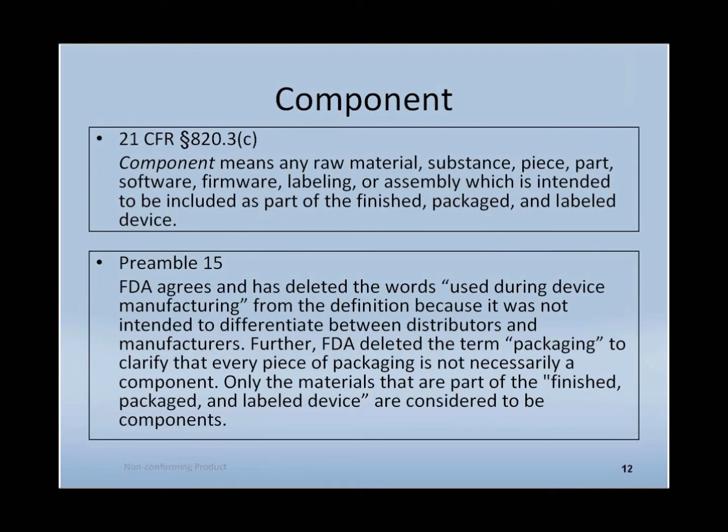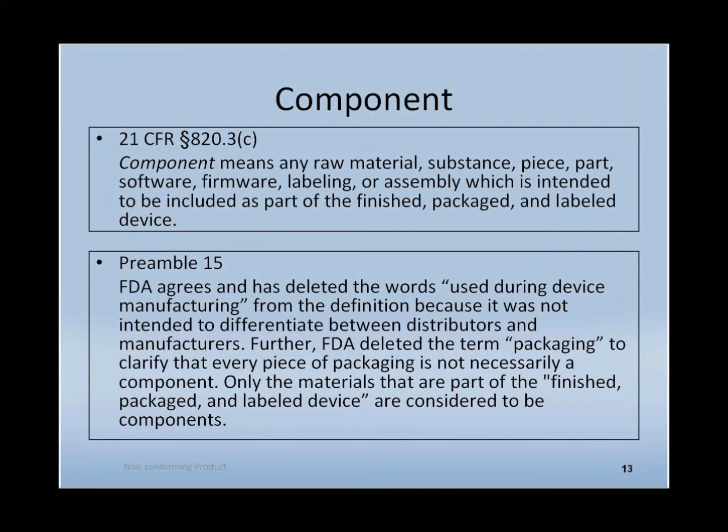And so they're just going to use the word product throughout, but it means components, manufacturing materials, finished devices, return devices, all of that stuff. So we're going to be interested in non-conforming product, and so what we need to do is realize that the word product is pretty broad. It might be broader than what many people come to think.